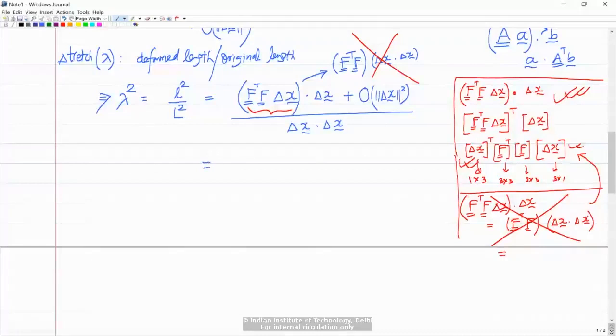Okay, now what? So Christian says delta x cube. Yeah, right. Thank you. This is delta x cube.